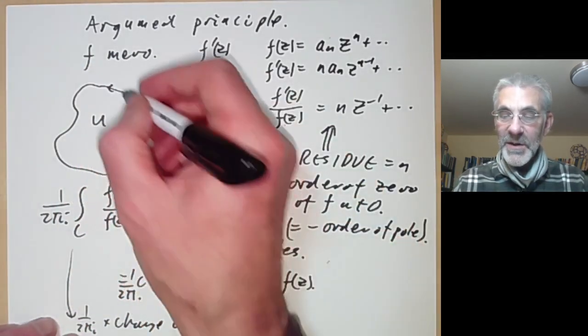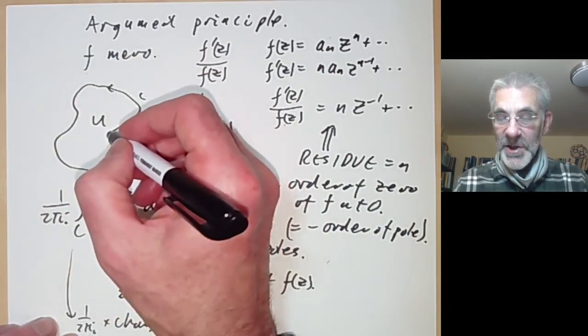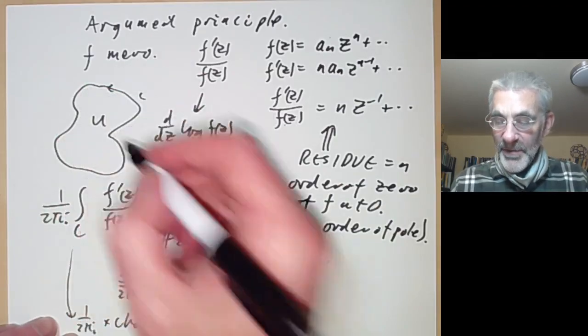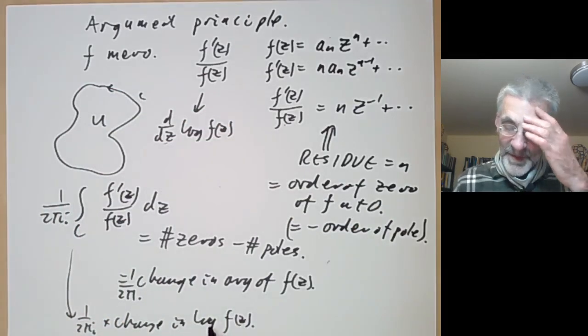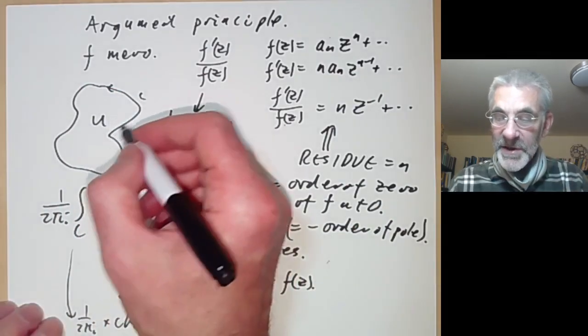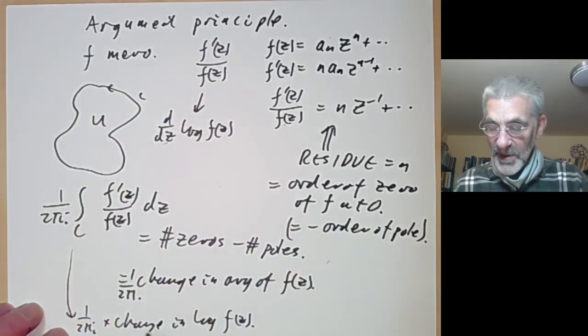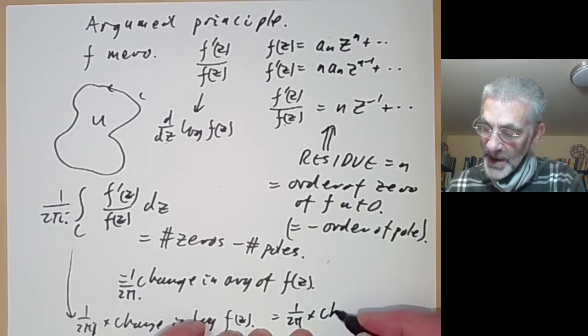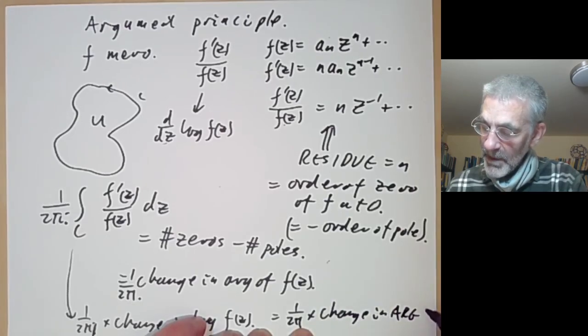And when you go around this contour, f of z doesn't change, but log of f of z does change because its imaginary part is more or less just the argument of f. So 1 over 2 pi i times the change in log of f of z is equal to 1 over 2 pi times the change in the argument of f.